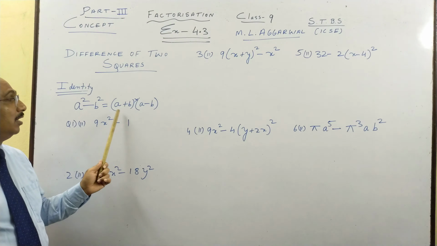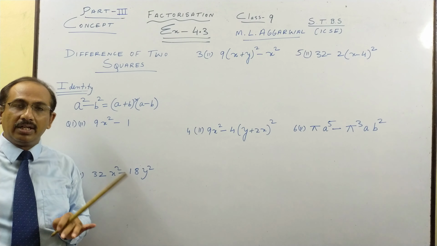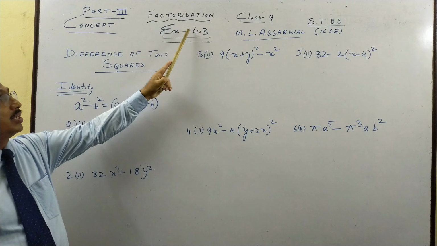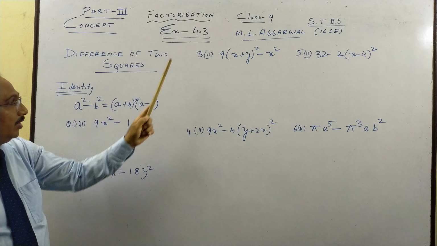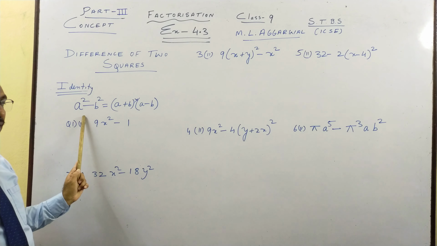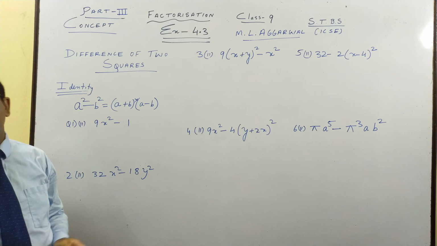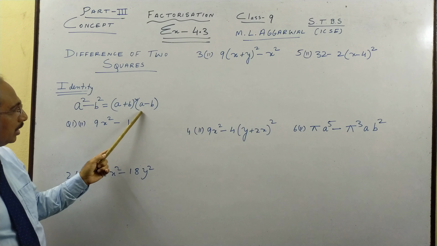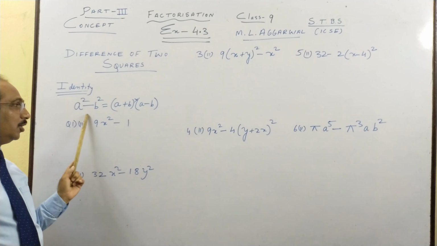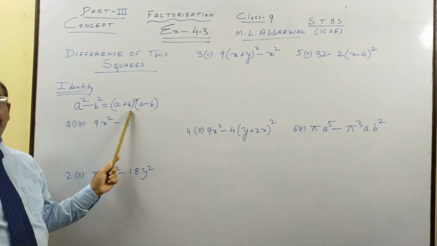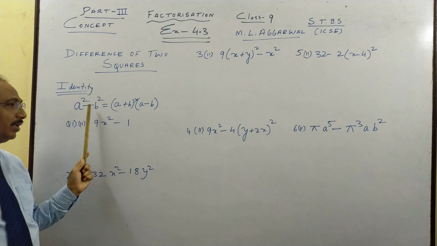So children, factorization, as I told you in the very first part 1 of the video on factorization, where also I have done exercise 4.1, it is changing anything into product. Factorization is reverse of multiplication. You multiply this, you come here, you make it into product, it is factorization. So right side is a factor of left side.